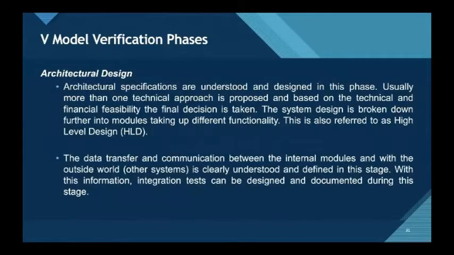Architectural design. Architectural specifications are understood and designed in this phase. Usually, more than one technical approach is proposed, and based on the technical and financial feasibility, the final decision is taken. The system design is broken down further into modules, taking up different functionality.